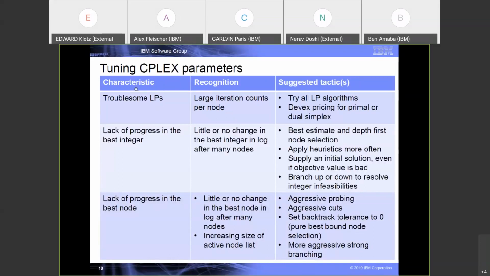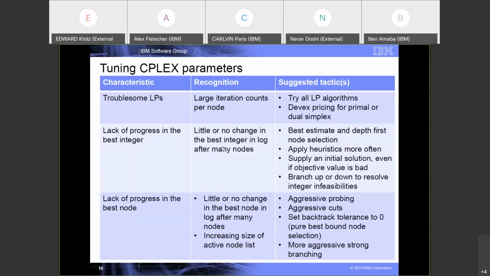In the first column, we have our three progress metrics: node throughput, best integer progress, and best node progress. Then in our second column, we have how to recognize in the node log that there's an issue. So for example, with node throughput, you look at the average iteration count per node.